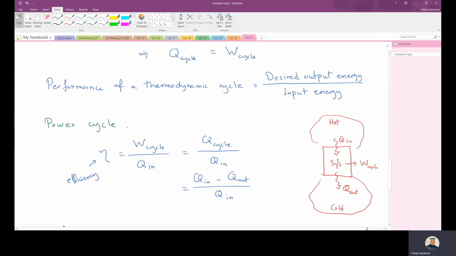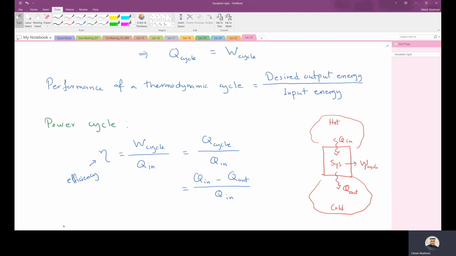While doing this cycle, it actually produces a certain work. A power cycle is like, for example, in electricity power plants, where they produce electrical energy. In these plants, they run a thermodynamic cycle where they produce power, or work, from a shaft, like a gas turbine or a steam turbine.